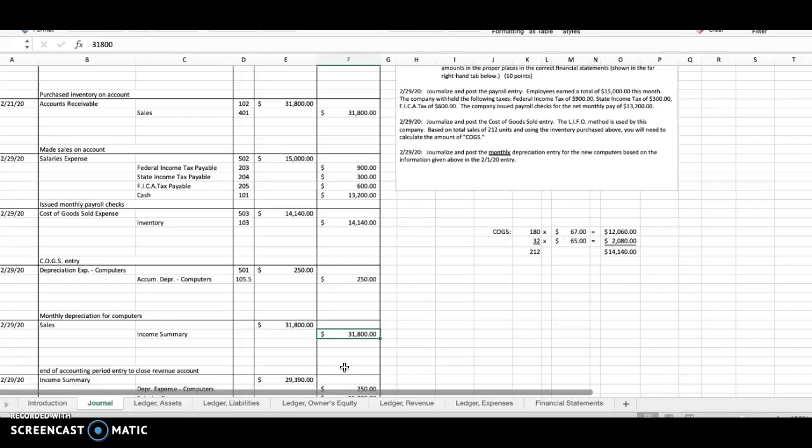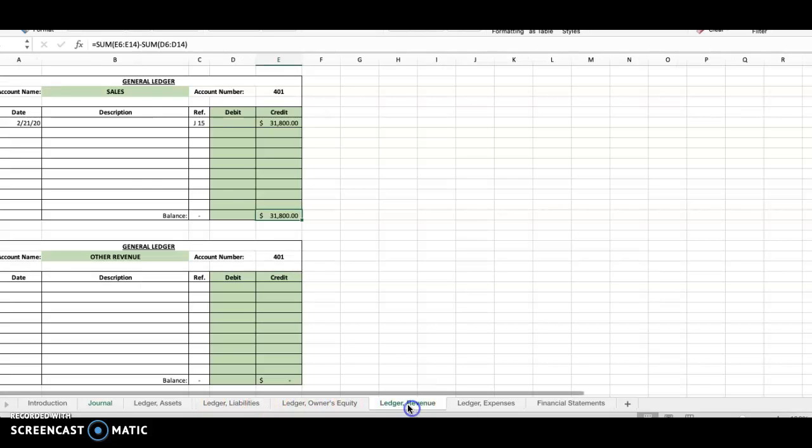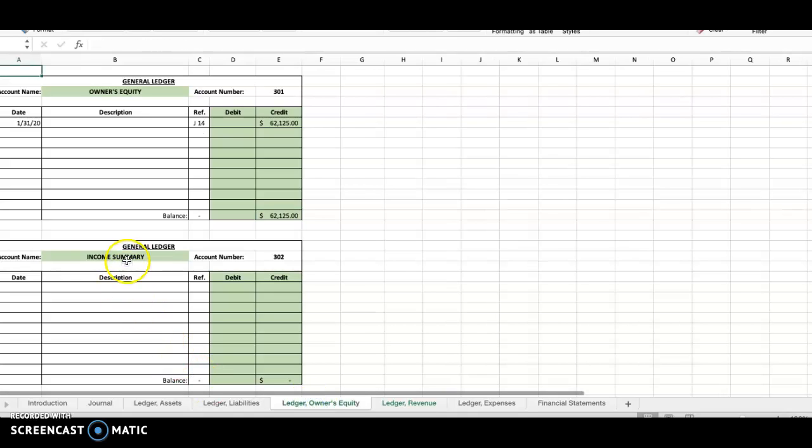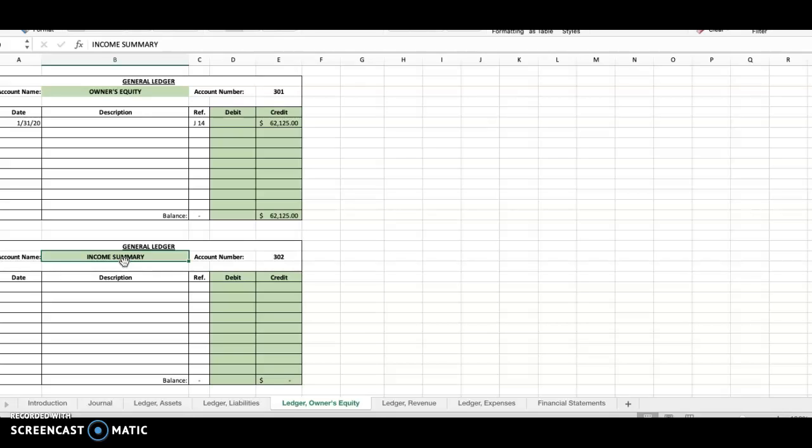So let's quickly look at how this would look if I journalize this and then I post it, and if I debit 31.8, our balance should be 0. So I've taken money out of sales, literally closed it, and I have to put it someplace, and I put it in this account called Income Summary. This is found in the same area as the owner's equity.